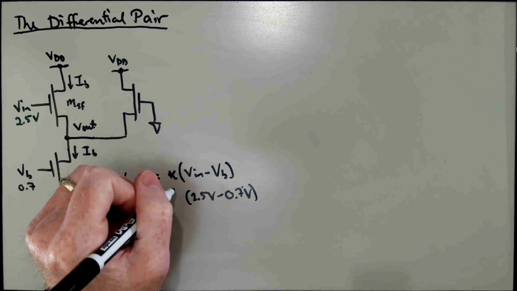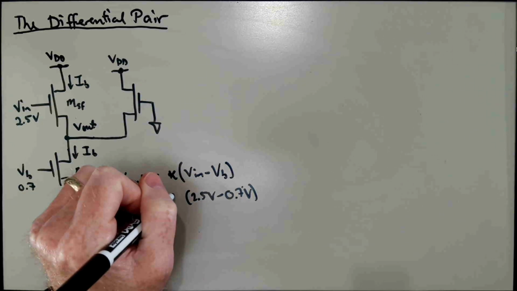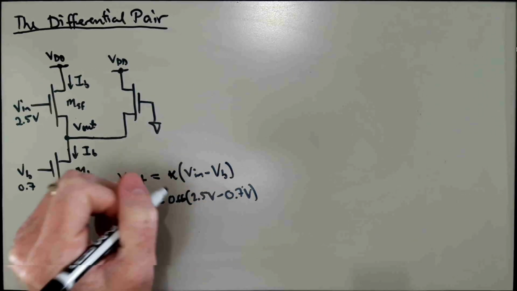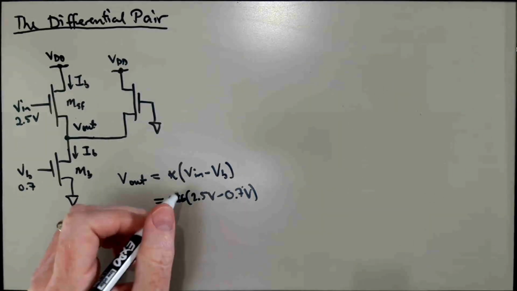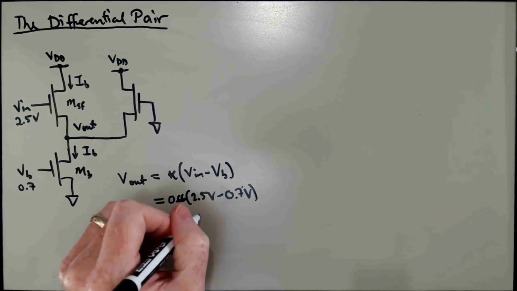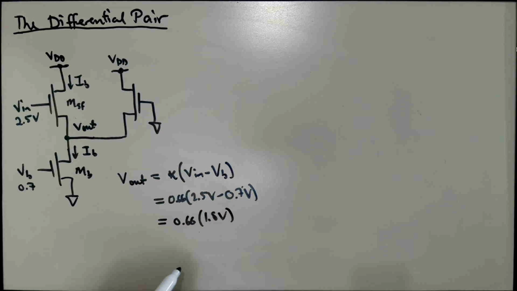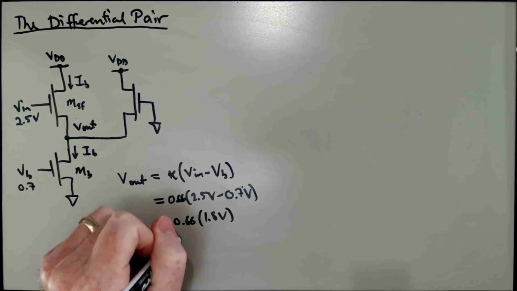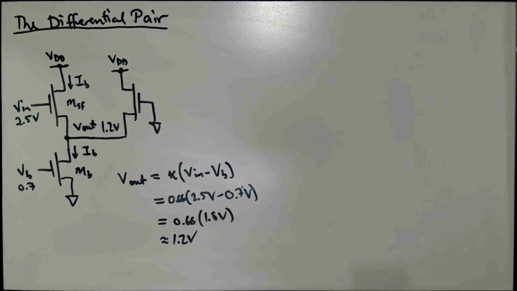And let's say kappa is 2/3 or 0.66. Which would give us something like 0.66 of 1.8 volts, which is going to be 1.2. This is going to be about 1.2 volts under these circumstances.